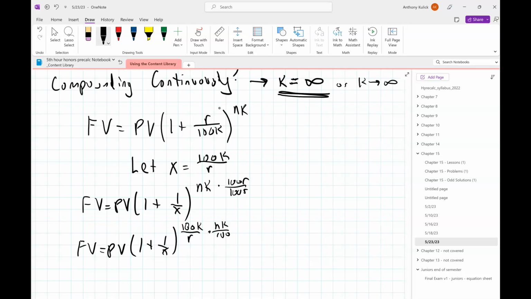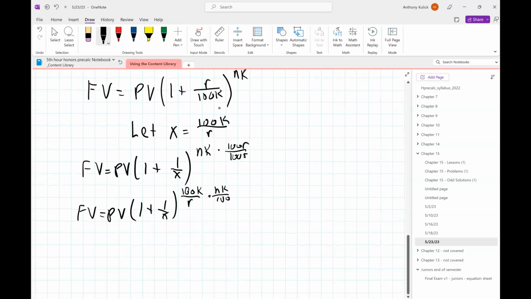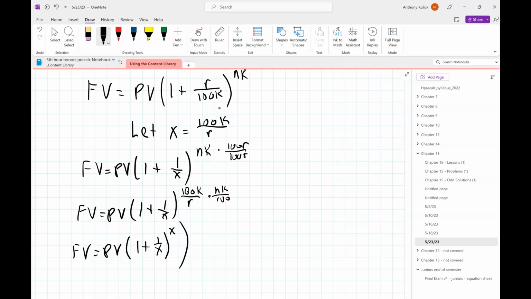I just rearrange some stuff. And looky here, why'd I rearrange it? It's so I could get x there. And then I'm just going to write it like this. It's multiplication.